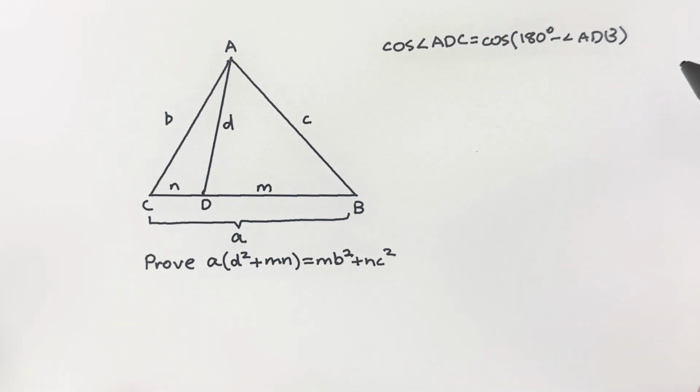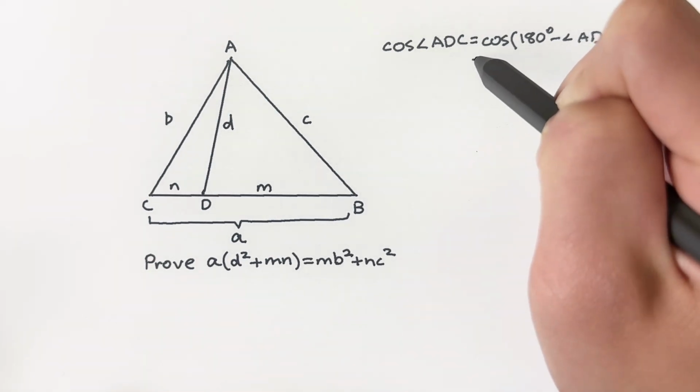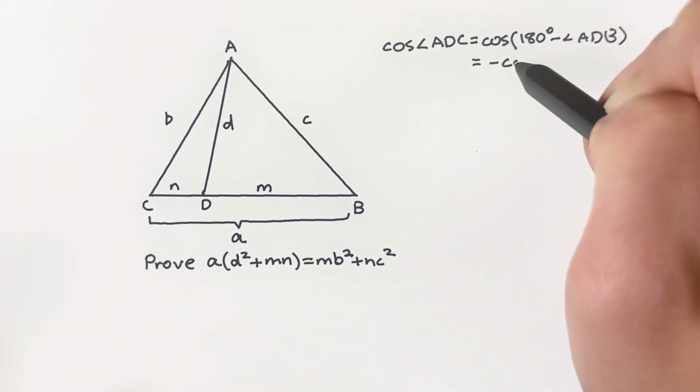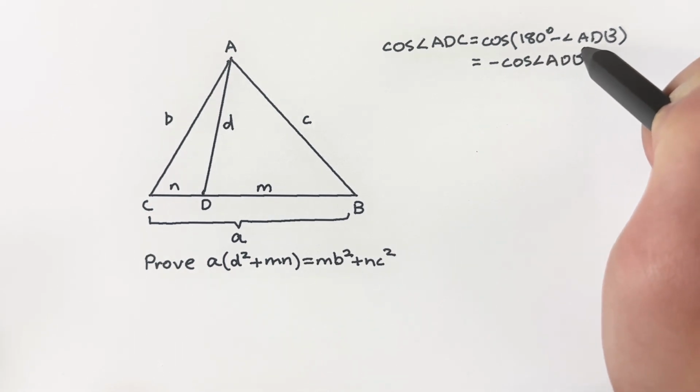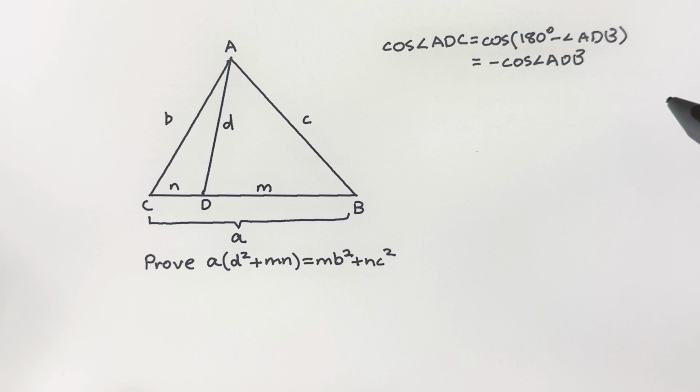By the properties of cosines, this will equal negative cosine angle ADB. To prove this, you can just expand the parentheses, because by the identity of the subtraction of angles for cosine, you will get that cosine of 180 degrees minus angle ADB equals negative cosine angle ADB.